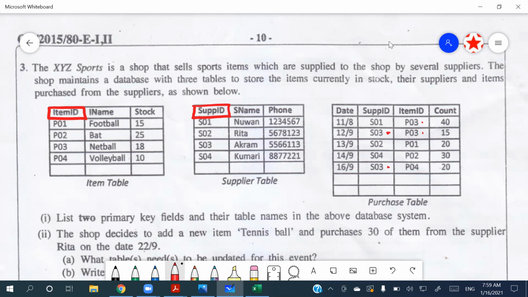So if we take supplier ID and item ID, that is the nature that we are facing in this particular question. So S01 P03 in the first line, S03 P03 in the second line. So it seems neither supplier nor item ID alone is unique.